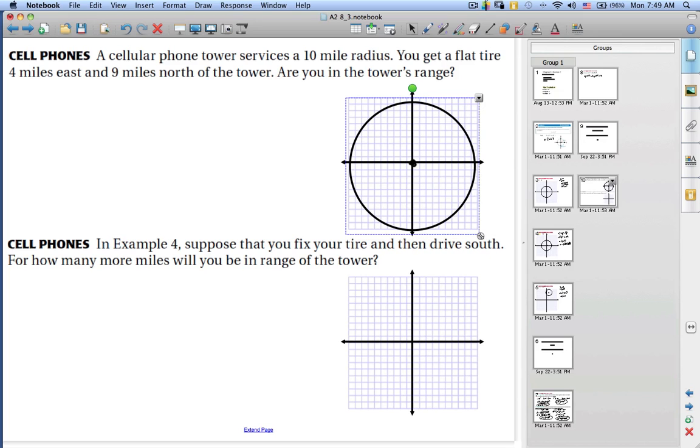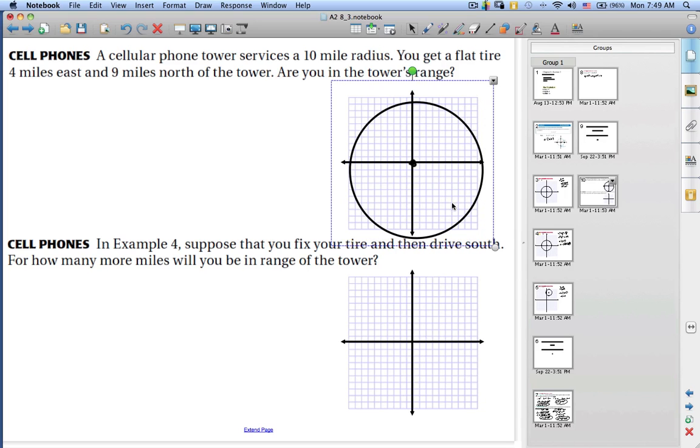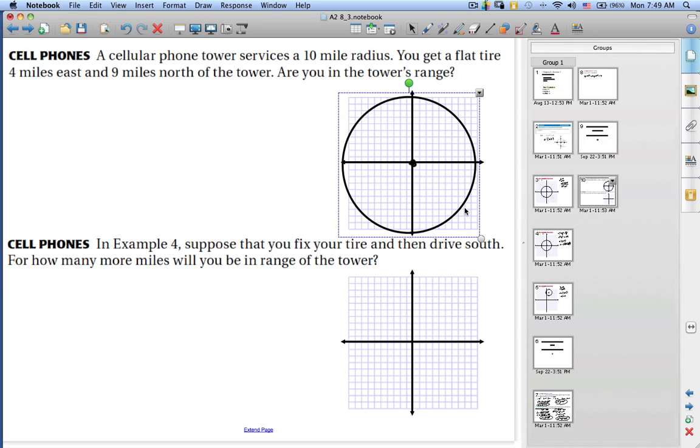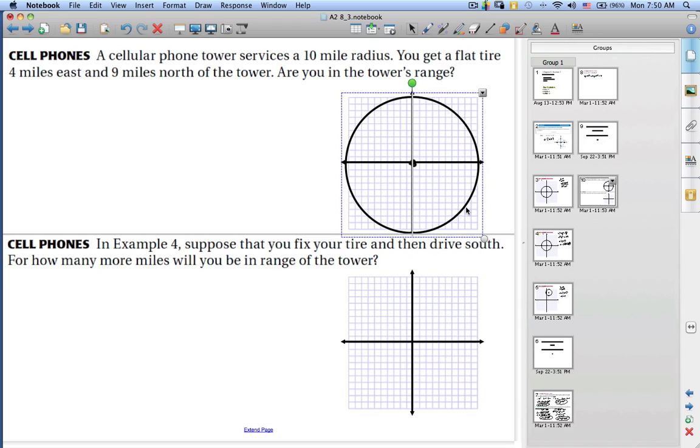So it still needs to be just a little bit bigger. Okay, so there's my cell tower with a radius of 10 miles. I put my cell tower in the center.